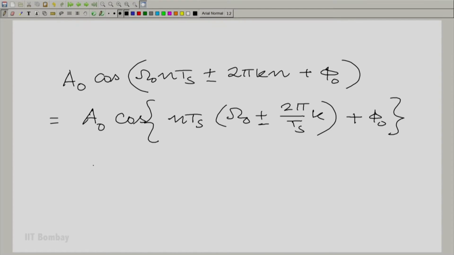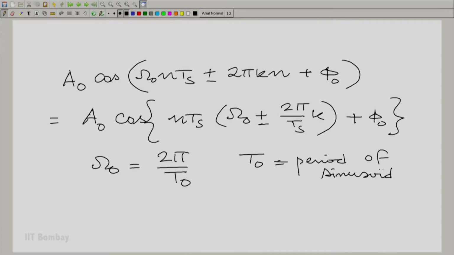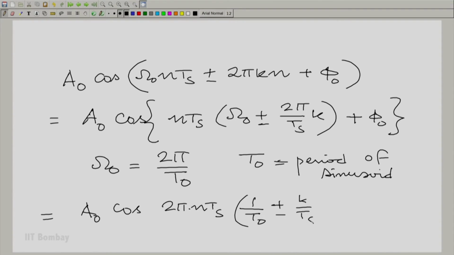Now, of course, you recognize that omega naught is 2 pi by T naught. T naught is the period. So, we can rewrite this. Now, we will take 2 pi also common. A naught cos 2 pi nTs in brackets 1 by T naught plus minus k by Ts, where k has all the positive integer values, plus phi naught.